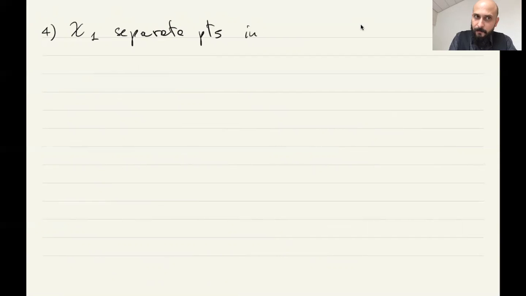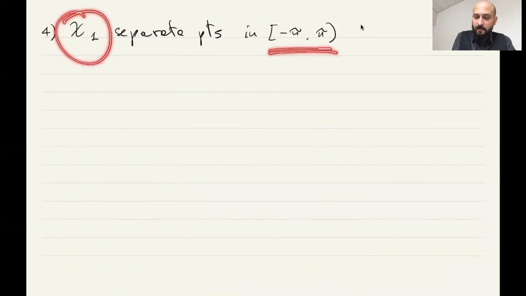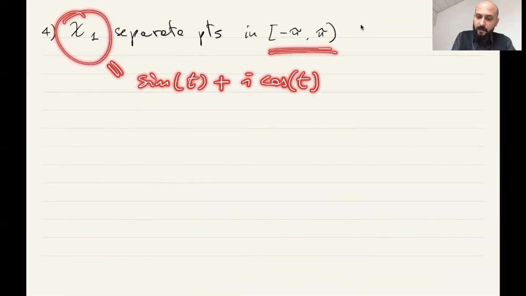Our space is, let's consider, minus pi closed on the left and open on the right. And this is because this function here is really injective in this interval. Remember that this is sine of t plus i cosine of t.